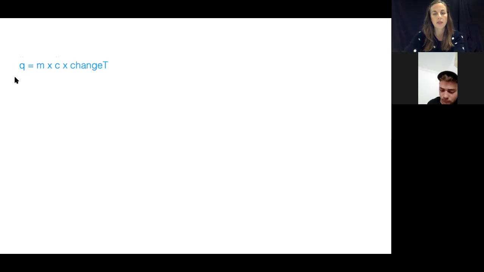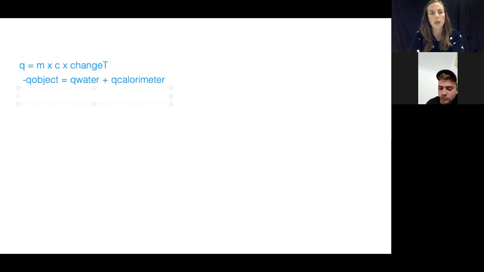And then you have negative Q of an object is equal to Q of water plus Q of your calorimeter, and that's in a calorimetry problem. And then you have your change in temperature equation, which is equal to your final temperature minus your initial temperature. So these are the only 3 equations you're going to be using at all on any word problem here.